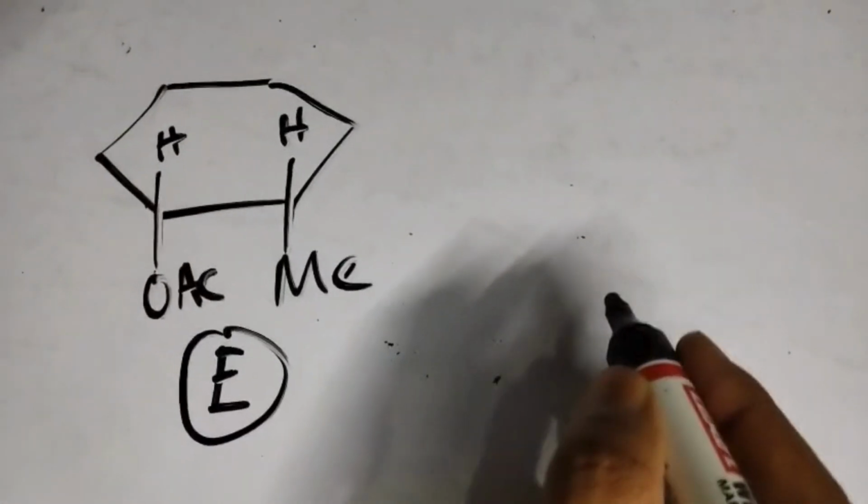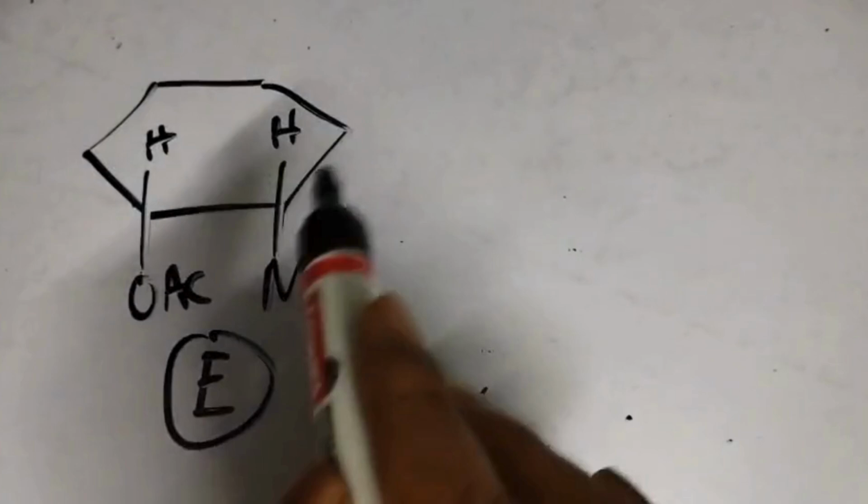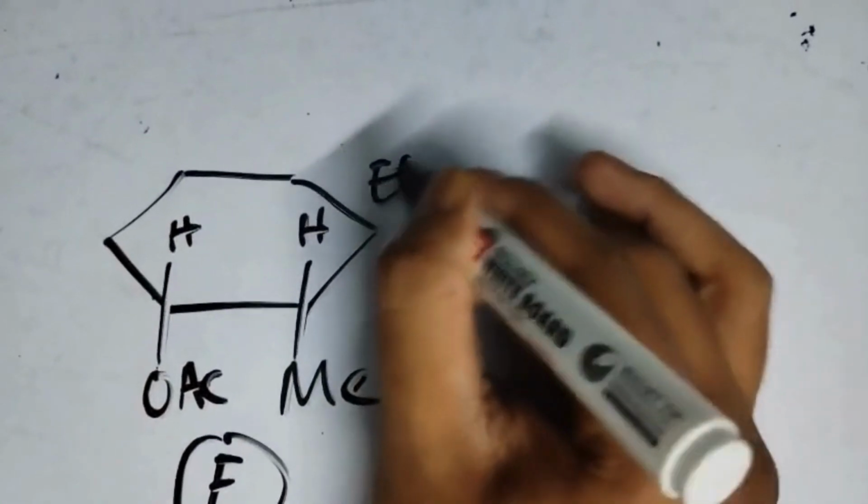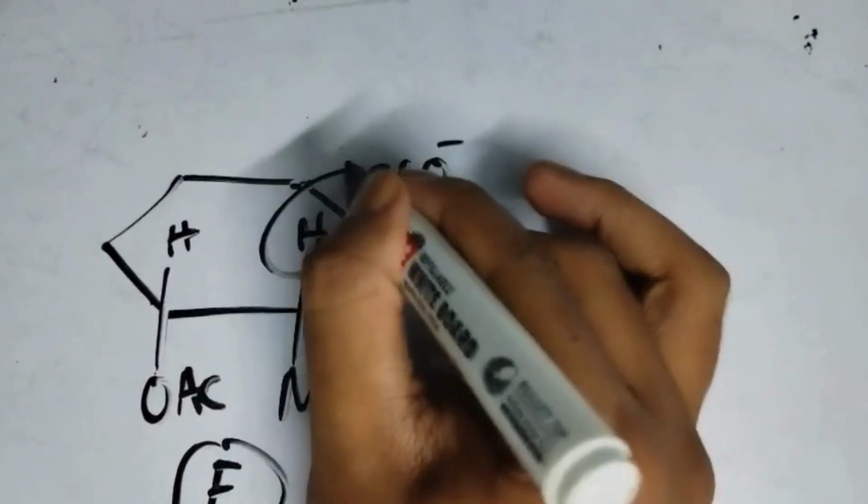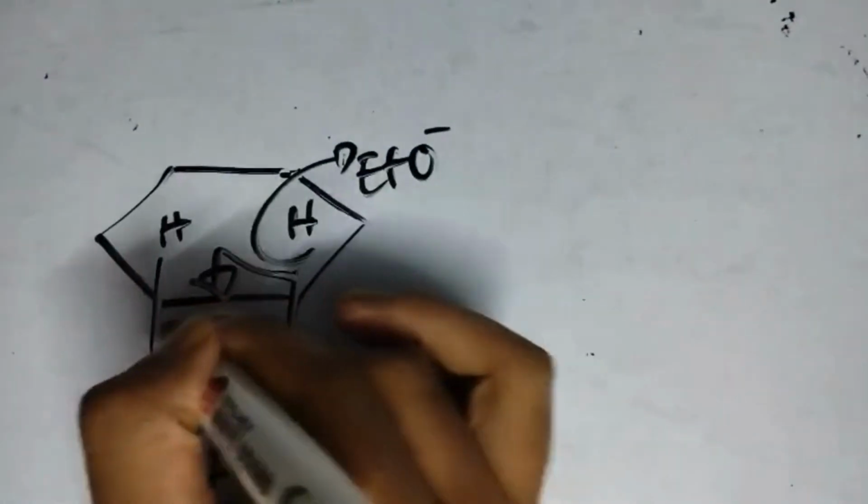Now for the last step, we are treating E with two different reagents: heating it in the presence of a base like EtO minus, and heating it by itself with no other reagent. In the first case, we just get a normal E2 elimination, and the EtO minus abstracts this hydrogen, and the OAc group acts as a leaving group.